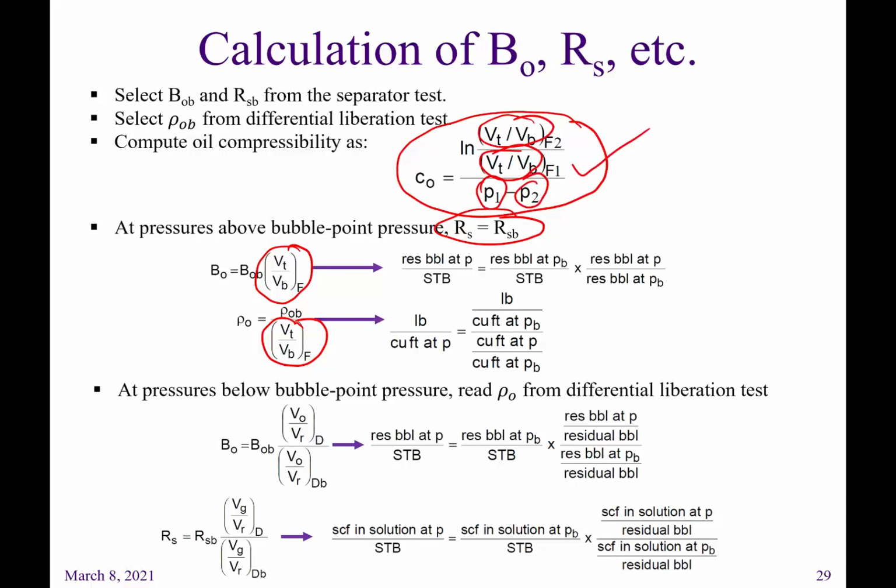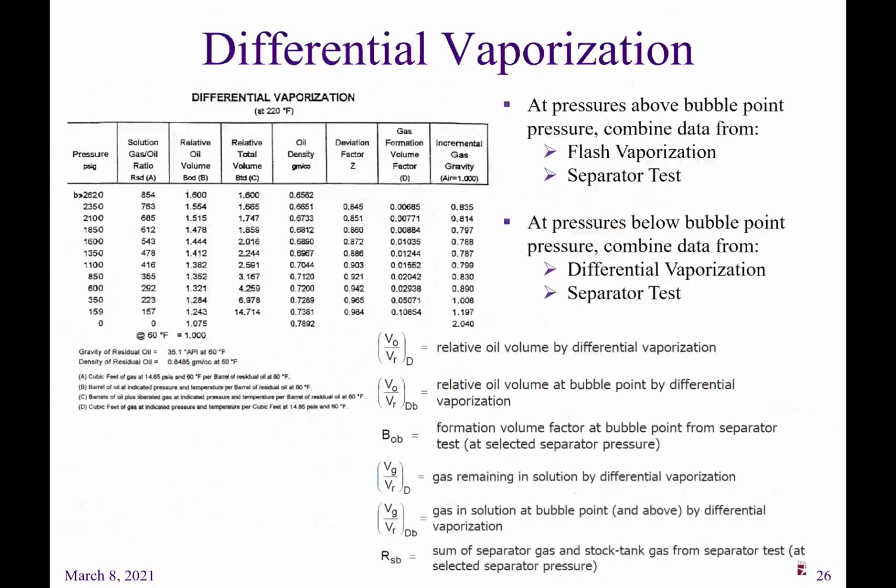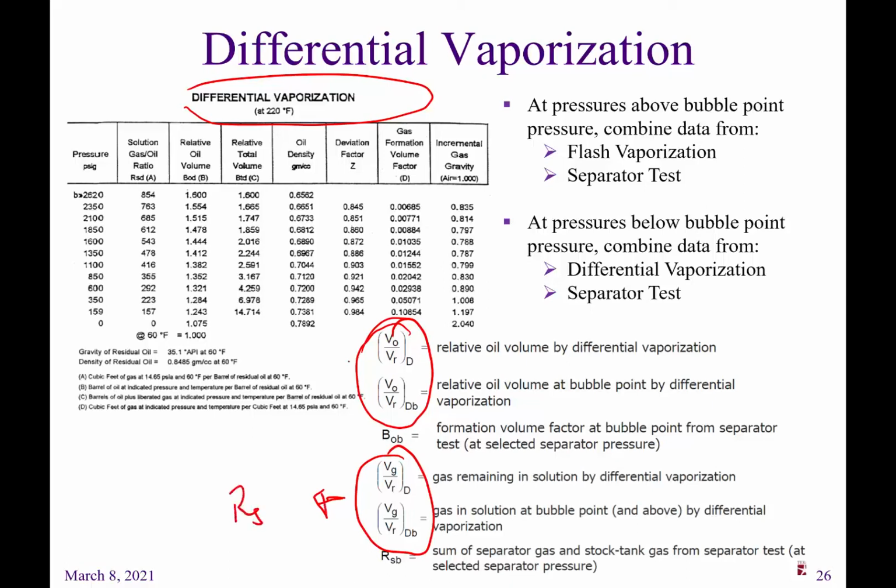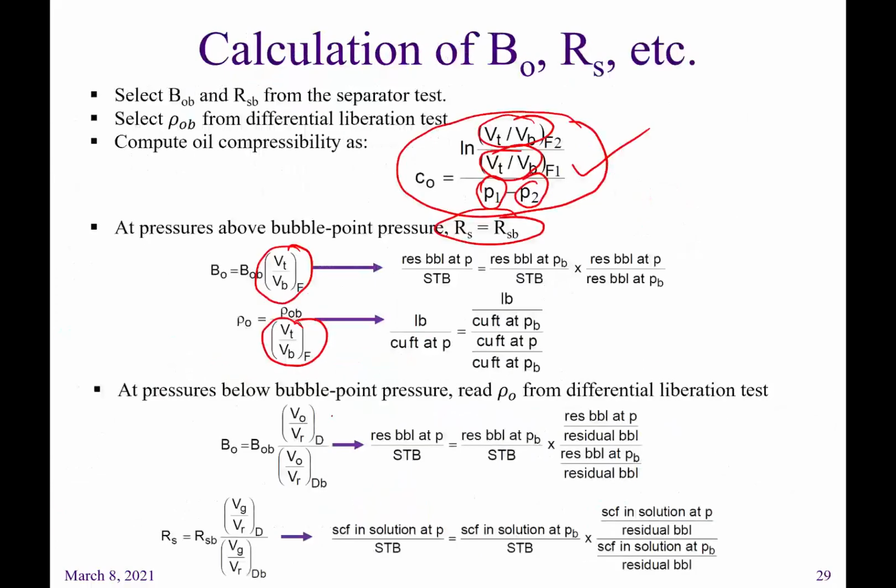Below bubble point, we use data from differential liberation, and it uses 4 relative volumes, right, which are summarized here. These are the main 4 relative volumes: 2 for oil, 2 for gas, and these ones will be used to calculate RS. These ones will be used to calculate BO as shown here.